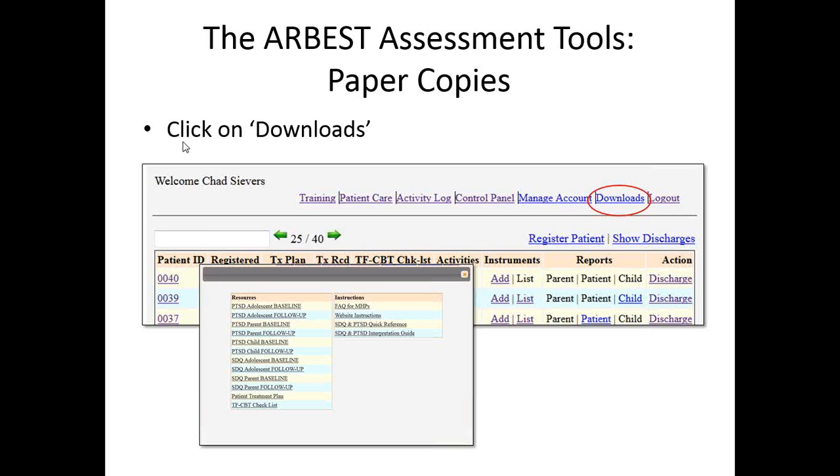Somebody asked, would it be helpful to go ahead and complete an assessment even if we might not be able to follow through with TF-CBT? Yeah, I think so. It probably won't hurt. Maybe the context is that the child is going to be leaving your care shortly, or for whatever reason they're only there for a short amount of time, but you might get a snapshot of whether they are symptomatic.